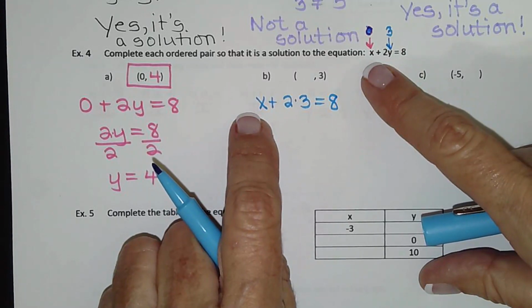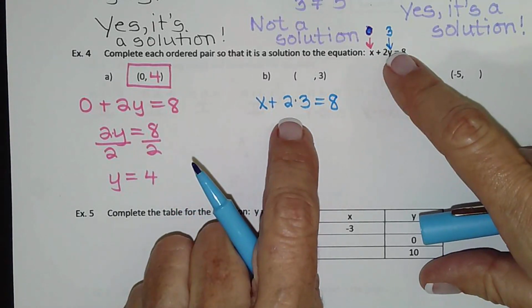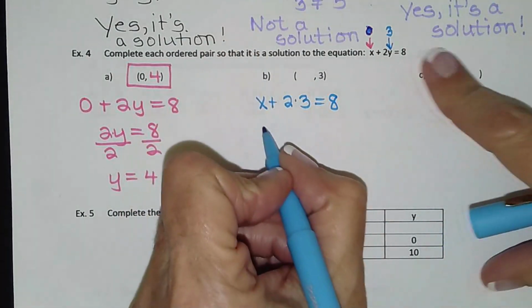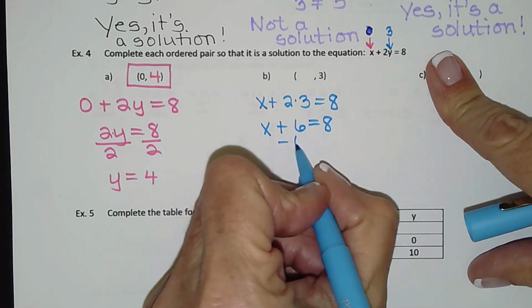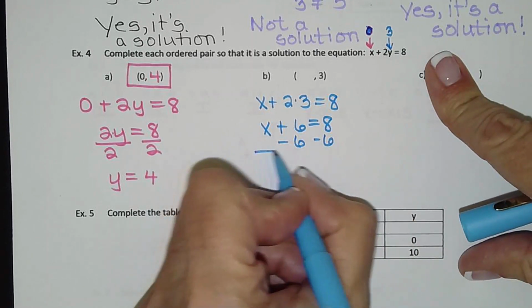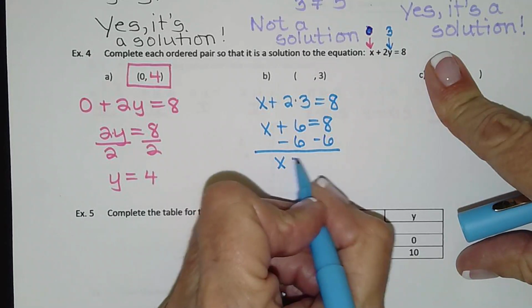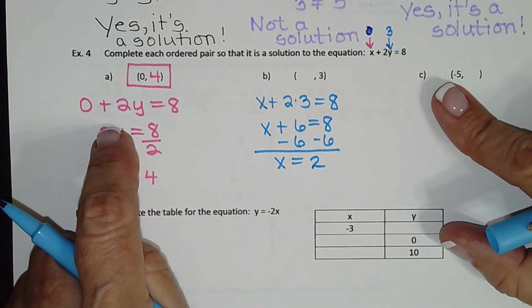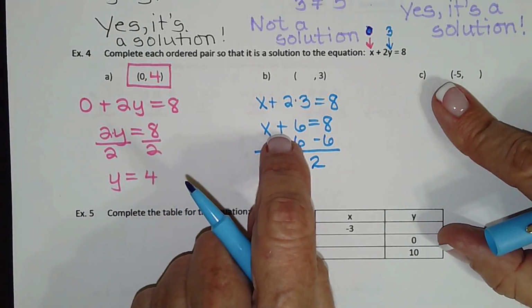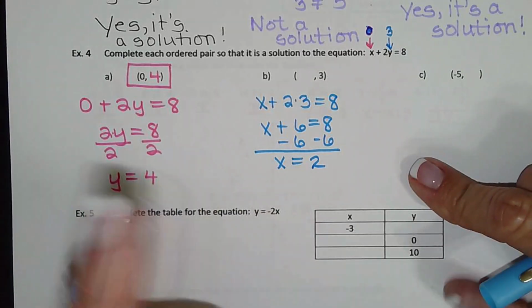So x we don't know, so we leave it x. Y we put in as 3. So x plus 6 equals 8. Oh, why weren't the equations this easy in chapter 5? X equals 2. So you still do the same thing, do the opposite. Opposite of times, divide. Opposite of add, subtract.